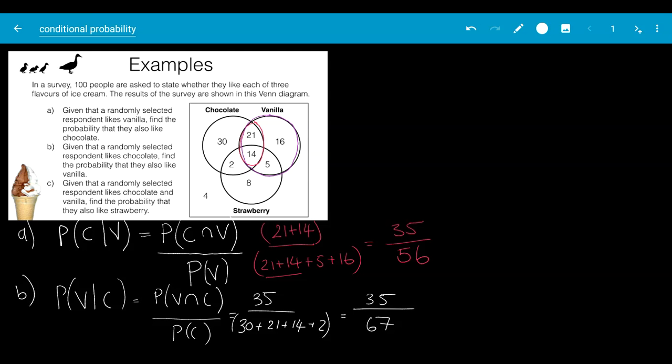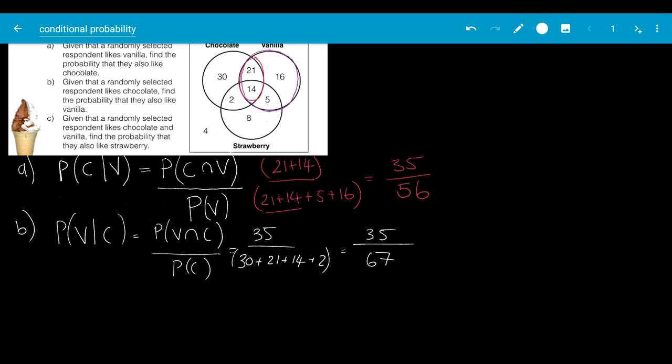Okay, final question in this section. So let's just scroll this down a little bit. We've got, given that a randomly selected respondent likes chocolate and vanilla, find the probability that they also like strawberry. Okay, so I'm going to do this with actual probabilities now. So the probability that they like strawberry, given that they like chocolate and vanilla.